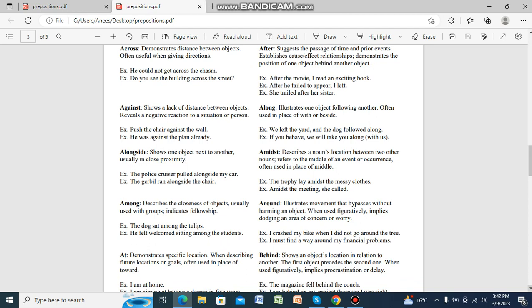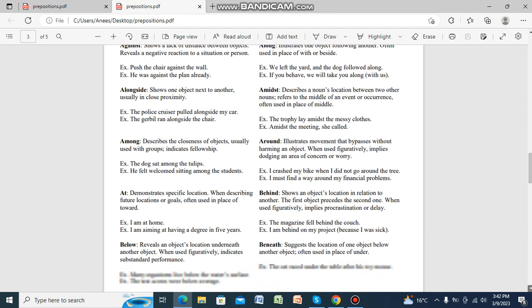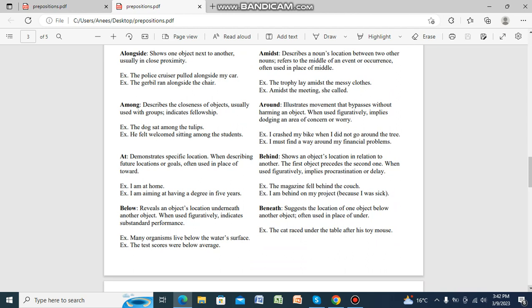It also reveals a negative reaction to a situation or person. Along illustrates one object following another. We left the yard and the dog followed along. And then we have alongside, which shows one object next to another, usually in close proximity.